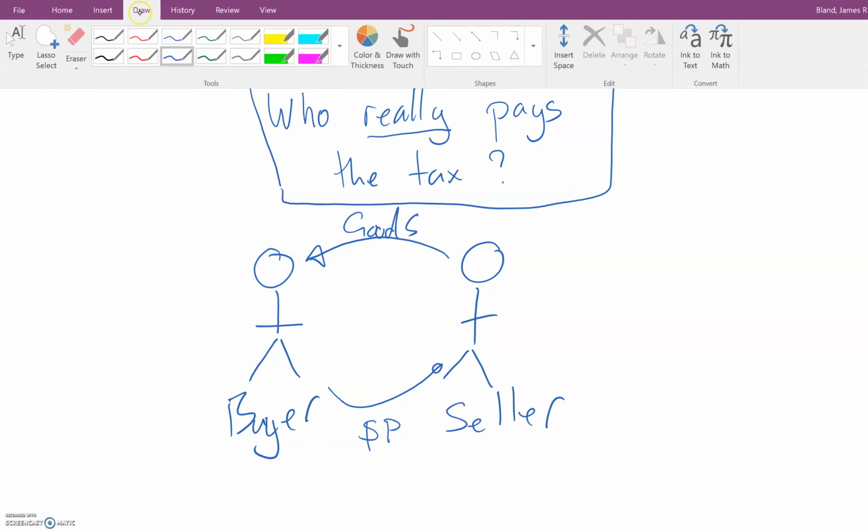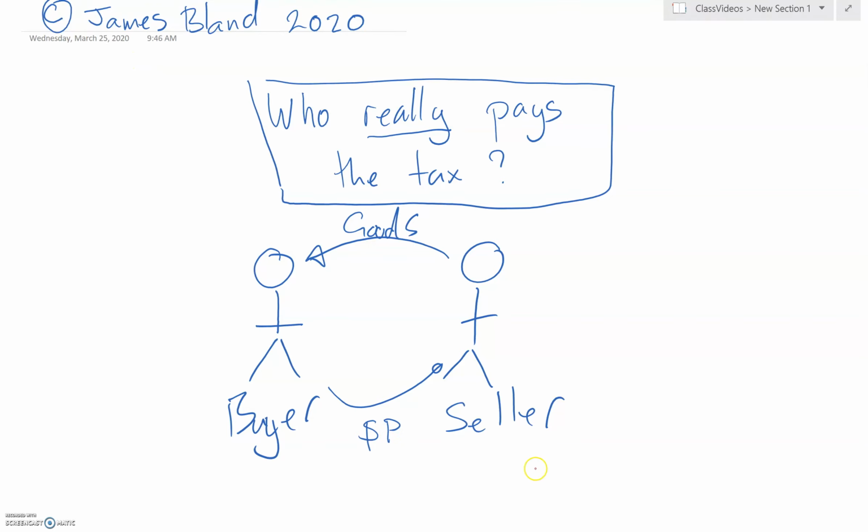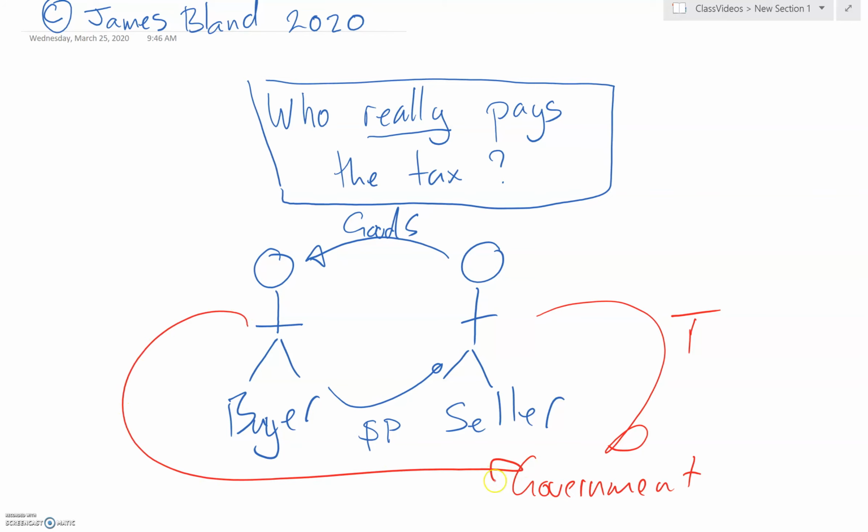However, when we introduce a government, whenever a trade happens, some money either comes from the seller to the government, if a tax is levied on the seller's side of the market, or it comes from the buyer's side of the market, which is more the case in, say, sales tax in the US, where you take your item up to the cash register and you don't pay the sticker price, you pay the sticker price plus the tax.